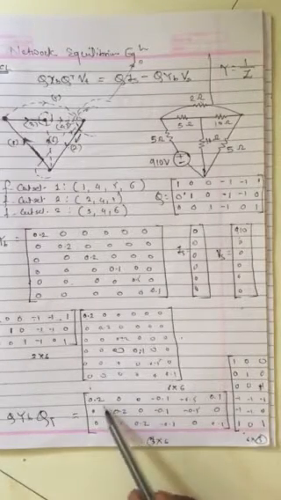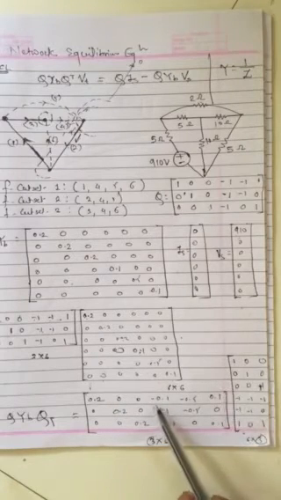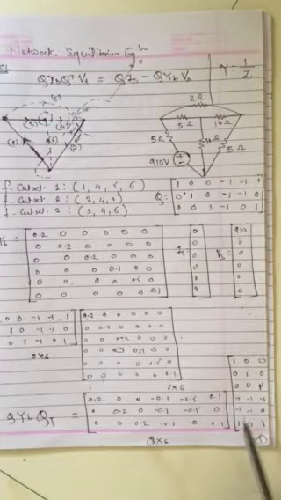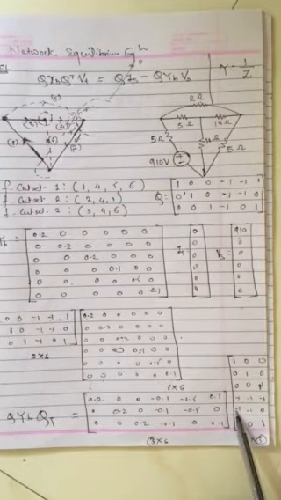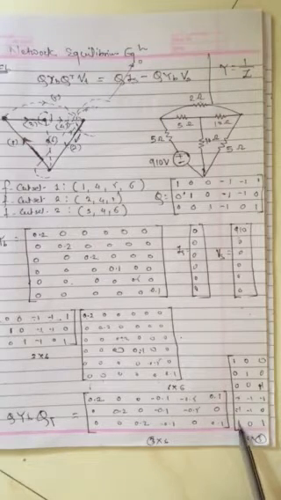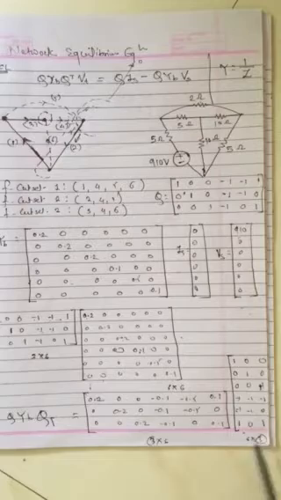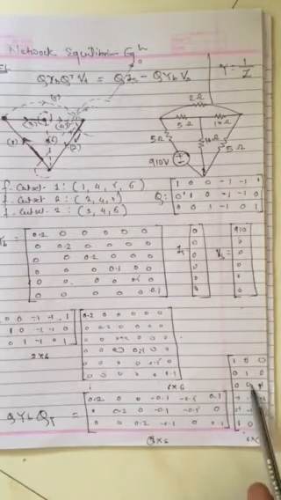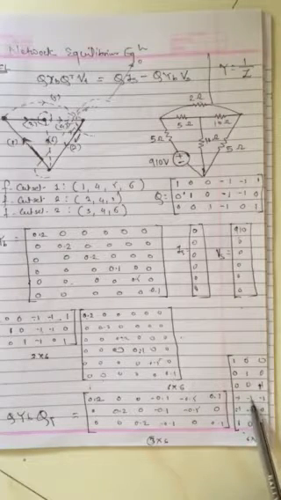So first row into first column. The first element will be 0.2 multiplied by this plus this 0.1, it will become 0.3, plus 0.5, so it will become 0.8, and plus 0.1, so it will become 0.9. I guess you are getting what I am saying. So the first element of the matrix will be 0.9. Second element, first row and second column: 0.2 multiplied by 0, 0, 0, 1, 0, 0, 0, minus 0.1 into minus 1, so it will be 0.1 plus 0.1.